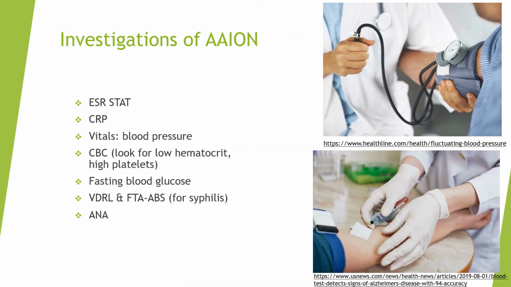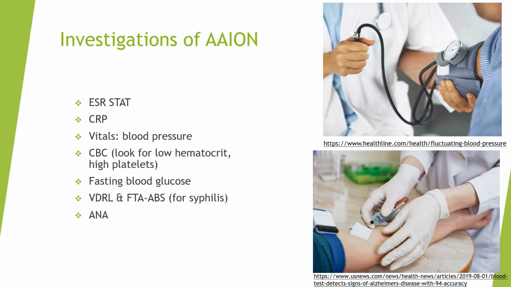If you're suspicious that the patient has AAION, ESR and CRP are crucial. We should investigate those two markers as soon as possible. In terms of vitals, we can take blood pressure. That's especially important.